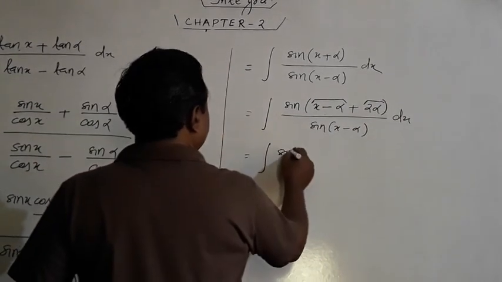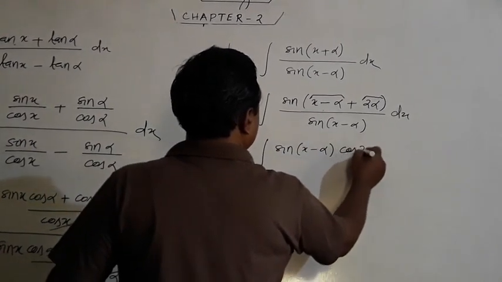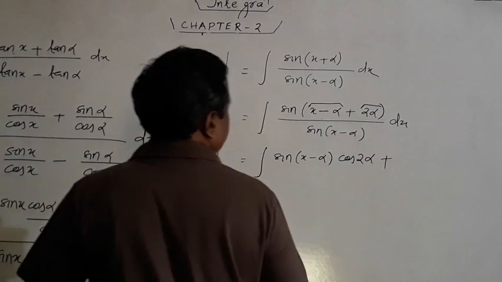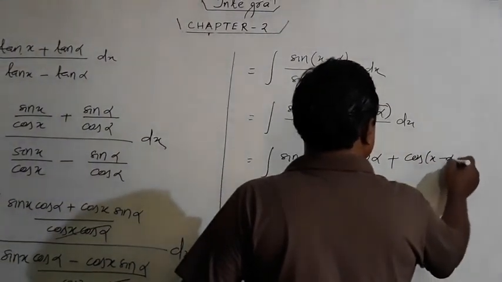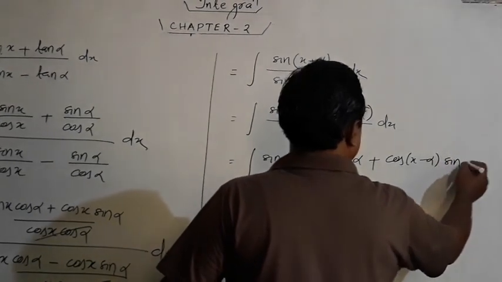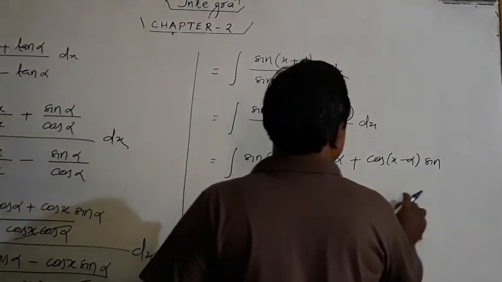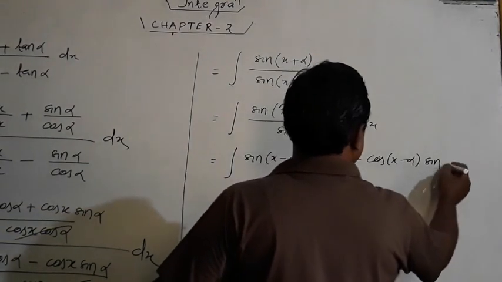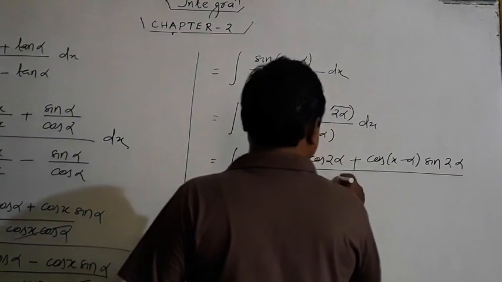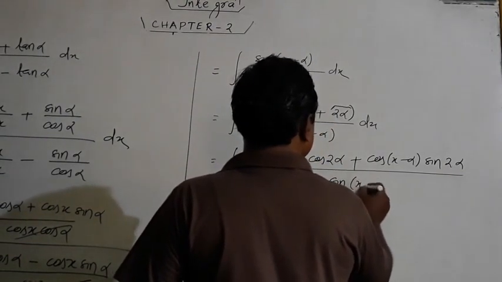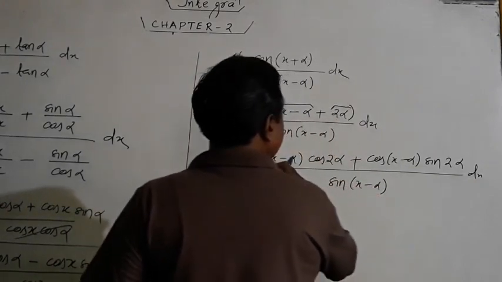It is sin x plus x minus alpha into cos 2 alpha plus cos x minus alpha into sin a cos b plus cos a cos x minus alpha sin 2 alpha divided by sin what? x minus alpha dx.